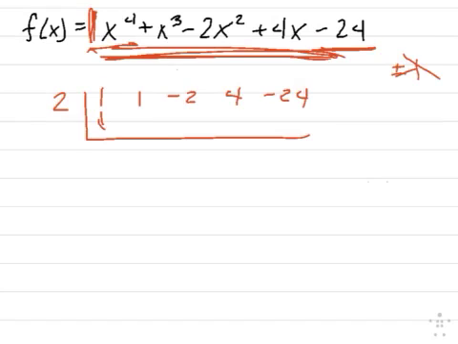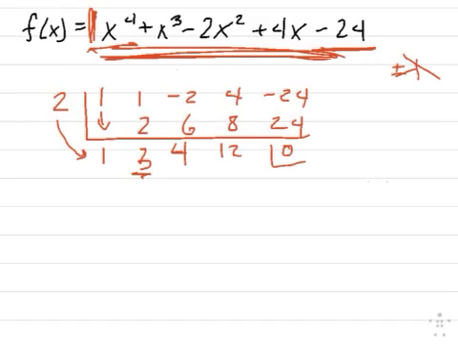Now bring this down, multiply here, put it there, add them down, 3, multiply here, 6, put it down there, multiply down, add down, 4, 2 times 4 is 8, add down, which is 12, 2 times 12 is 24, add down, I get 0.